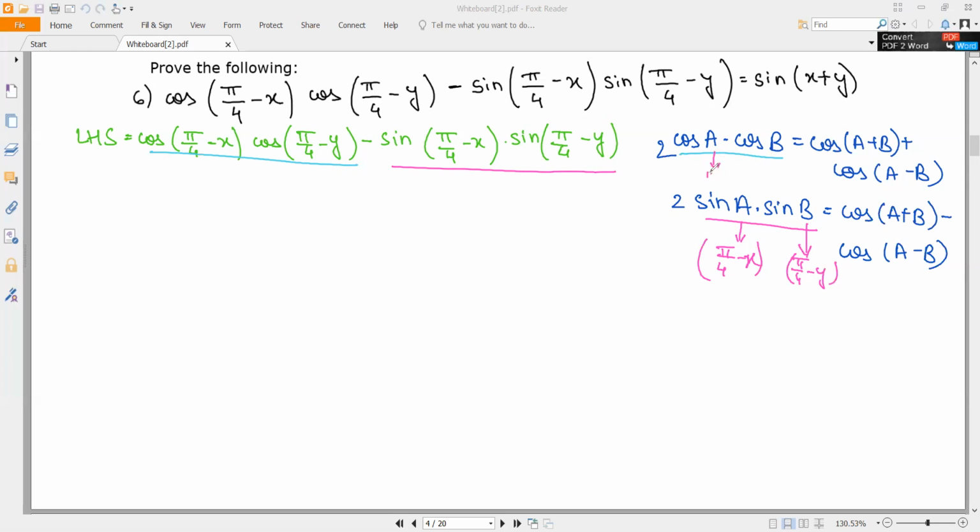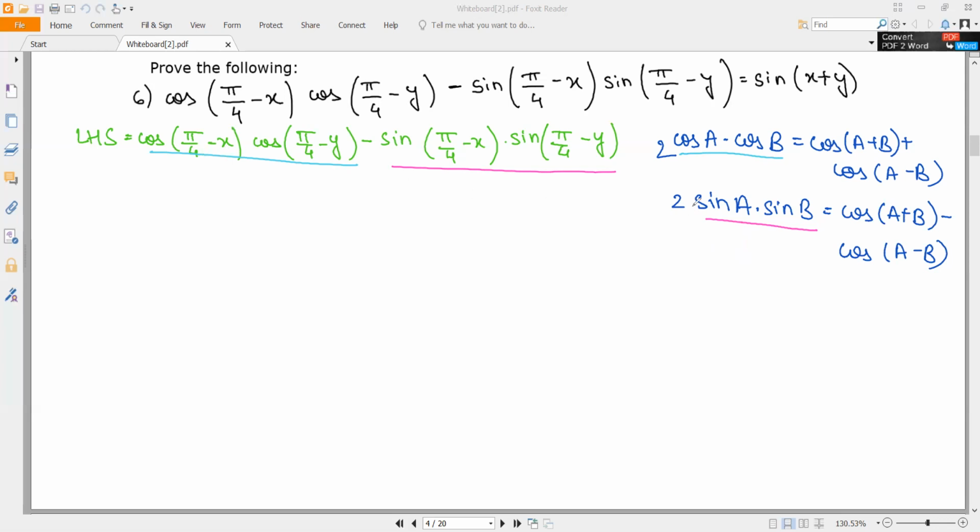This is pi by 4 minus x, and this is pi by 4 minus y. Observing these two given conditions, you'll apply these formula values on the left hand side of the given question.